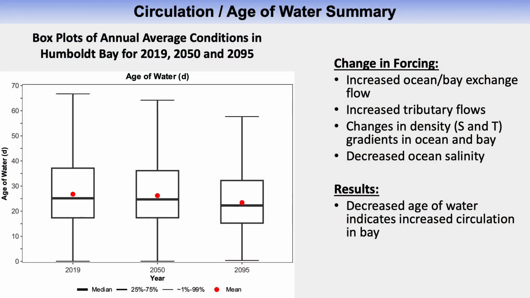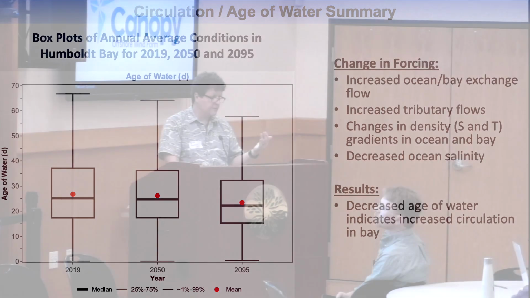Okay, I have to apologize for the scale on the change here, but I think you can see that in general, we're getting a negative change in residence time. What that's indicating is that residence time should decrease into the future in the bay.